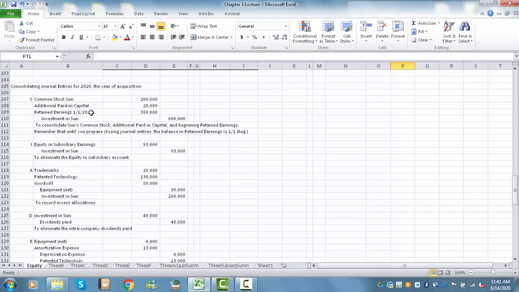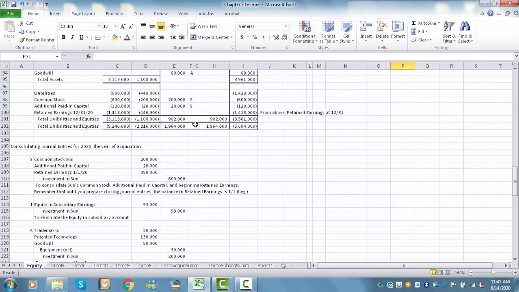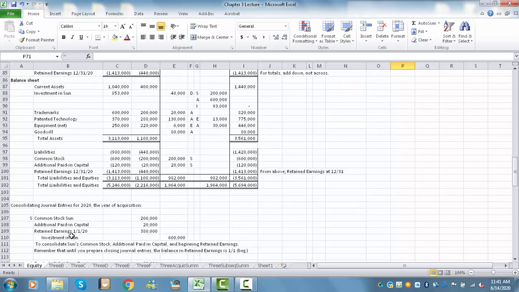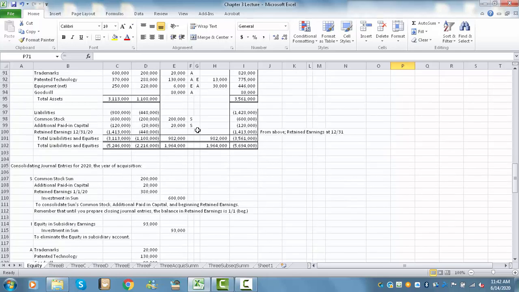We'll deal with their earnings from January 1st to December 31st in a minute. So we want to get rid of the common stock, the additional paid-in capital, and their beginning retained earnings, and we do that against our $600,000 investment.